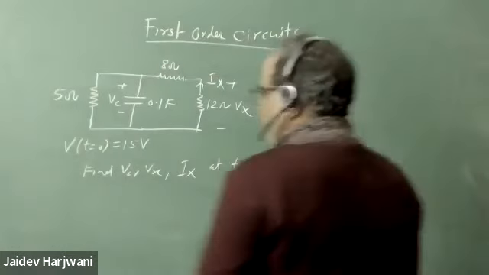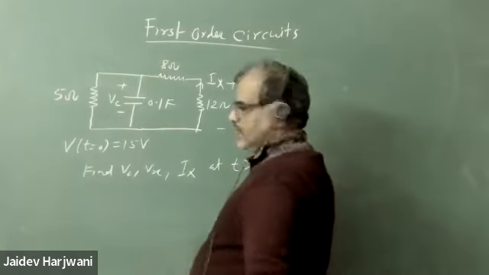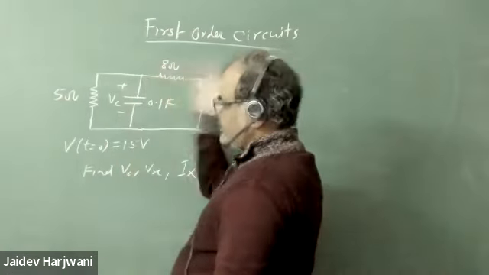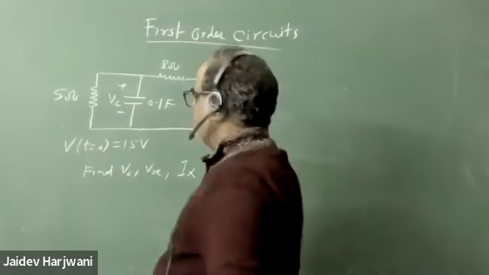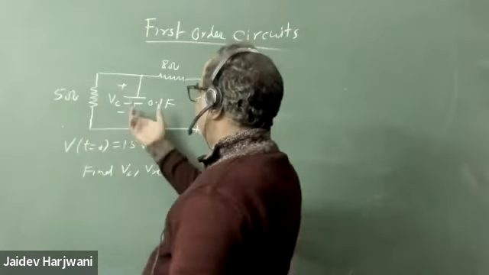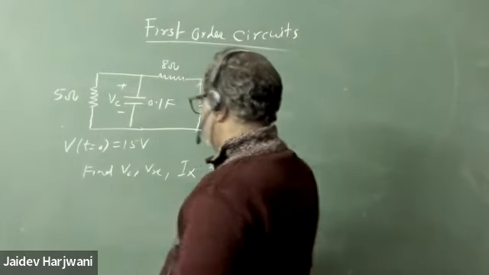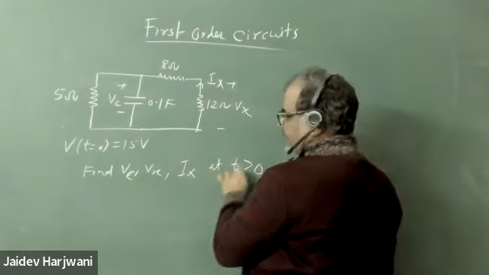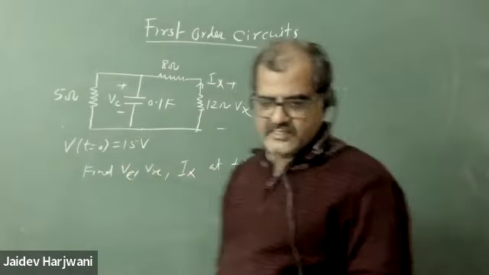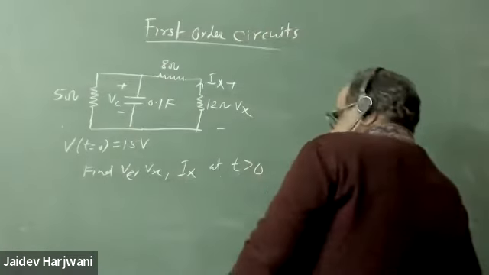I'm repeating the question again. You have a capacitor which is initially charged up to 15 volts, and suddenly you remove this source. Now this capacitor will get discharged, and I need to find VC, Vx and Ix at a later time t greater than 0.